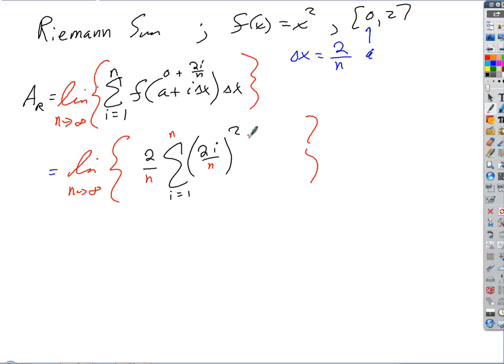The limit encloses the sum, right? And so my question is, is it okay for us to put this 2 over n outside of the sigma? Yes. It is, because it's still contained inside the limit, isn't it? I couldn't pull it outside of the limit. That'd be a problem, because the limit is dependent on n, right? Okay.